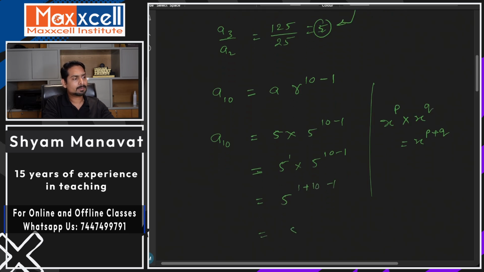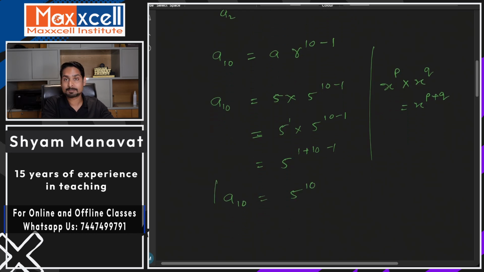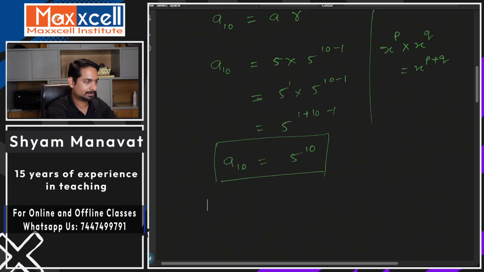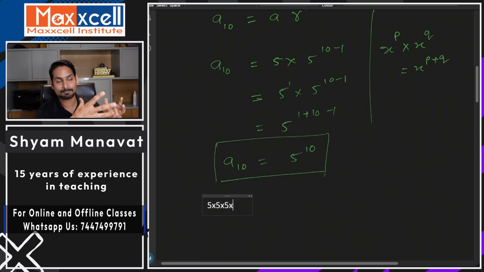Now let us express the 10th term for the series in this way itself, because 5 raised to 10 will be really a big number. If you calculate, what you get? 5 into 5 into 5. The calculation is not the objective. The objective is whether you are understanding how to apply the formula or not.